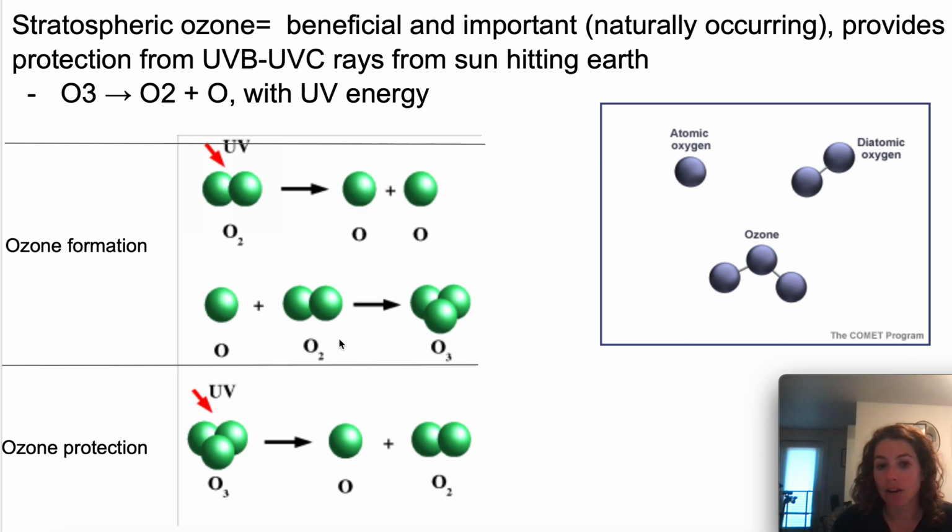So as long as there are free diatomic and atomic oxygen in the atmosphere, they will form ozone. That ozone will receive that UV radiation, break apart, and then join back together. So this molecule works very well at absorbing that UV radiation so it doesn't strike Earth's surface.